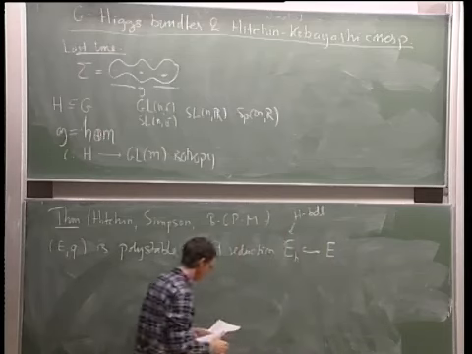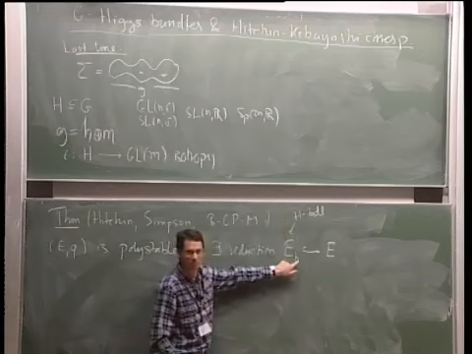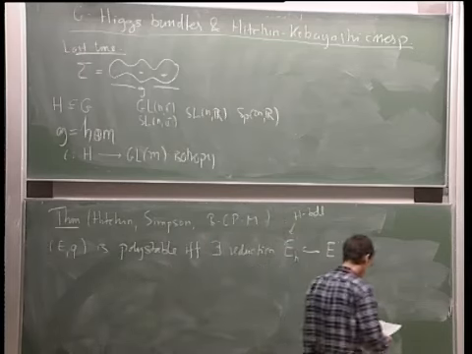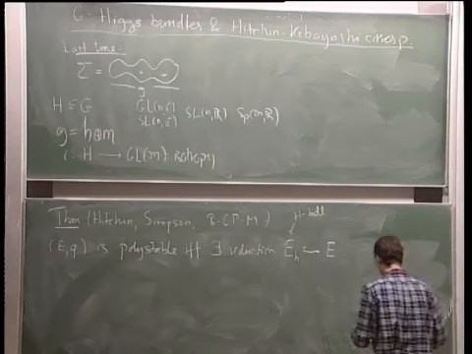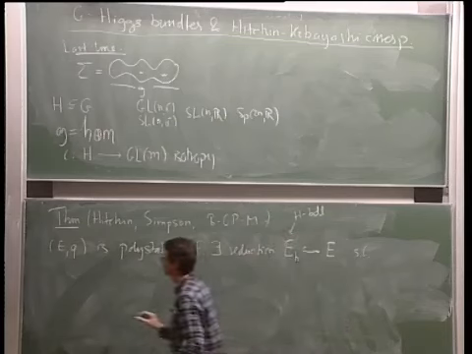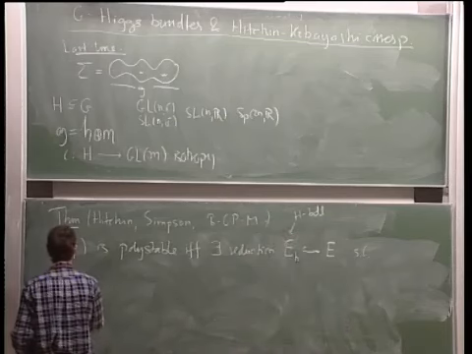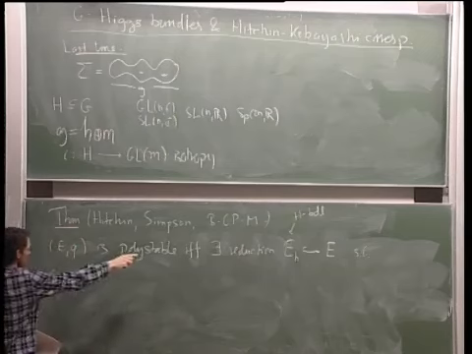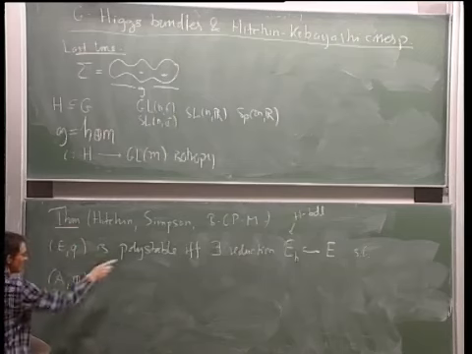Again, I'm denoting the reduction to H by some small h, such that the pair (A, phi), what we get out of the reduction, satisfies the Hitchin equations.